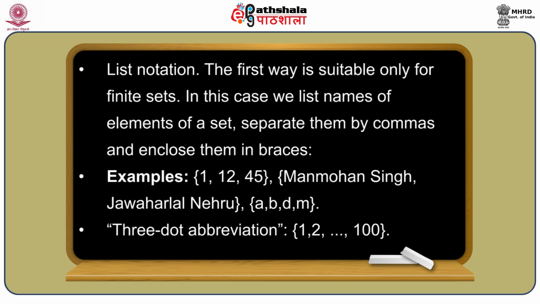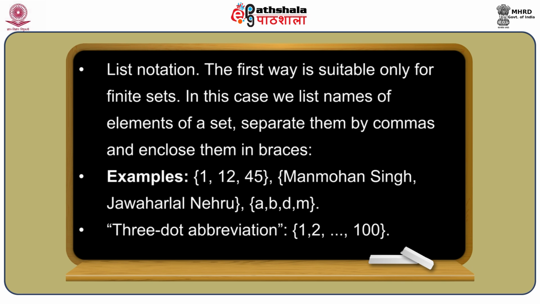So for example, we might say {1, 2, 3, 4, ...}. This is not a real list notation. It is not a finite list, but it's common practice because the continuation is clear, because we know the things that are going to come afterwards are each natural number in succession.